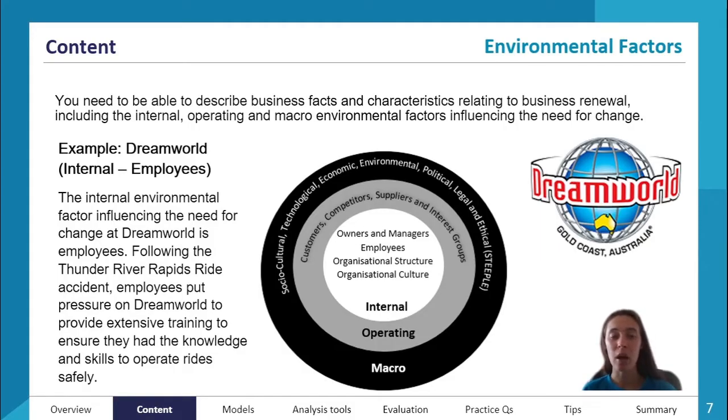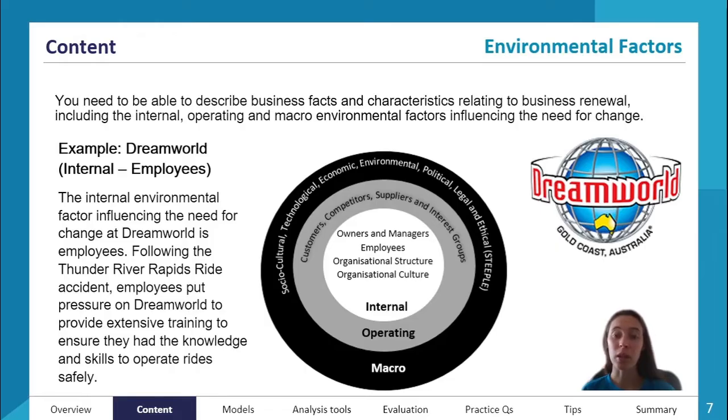And keep in mind that we will see with these examples, and you will see with everything that you do in business, that these are all overlapping. So while this example we've spoken about employees, there are other things that you could relate this to as well. So maybe you could say the organizational culture was pushing that need for change, because they didn't have that strong culture of having the training, having the sort of trust in the systems and things like that.